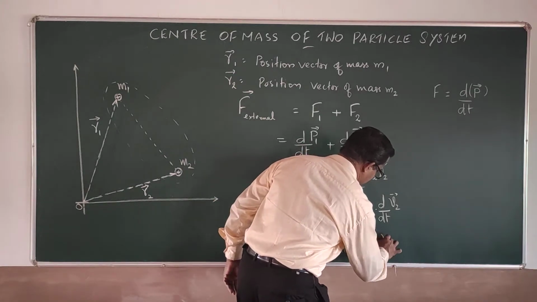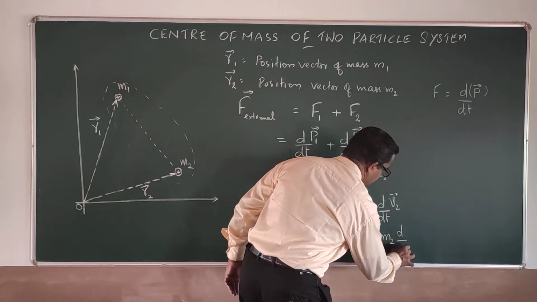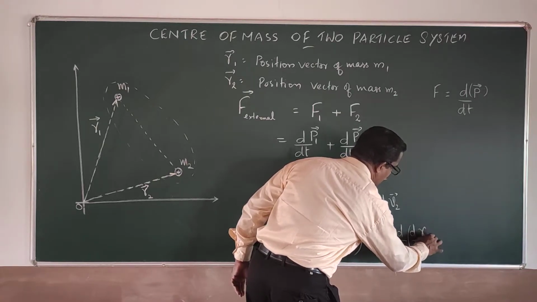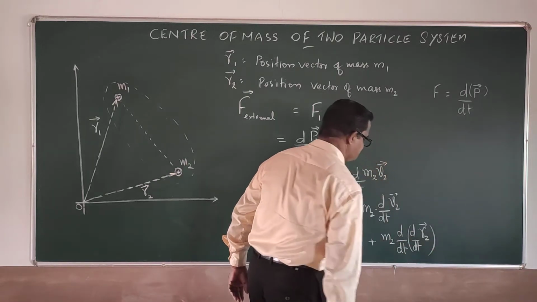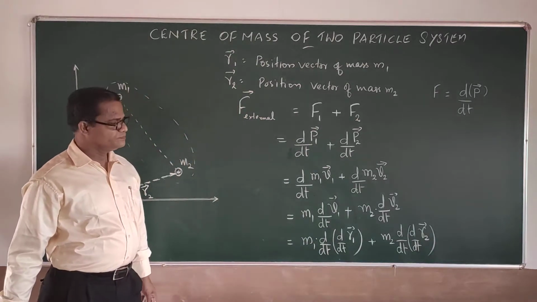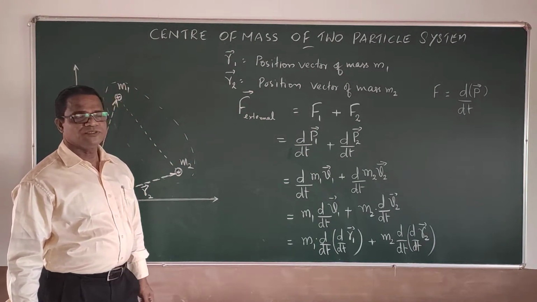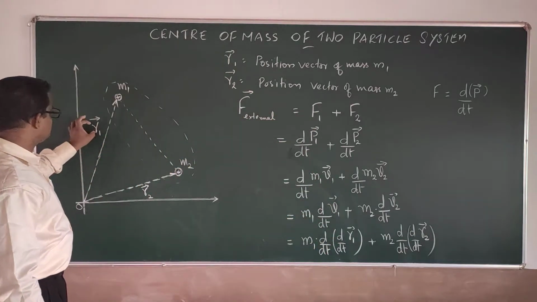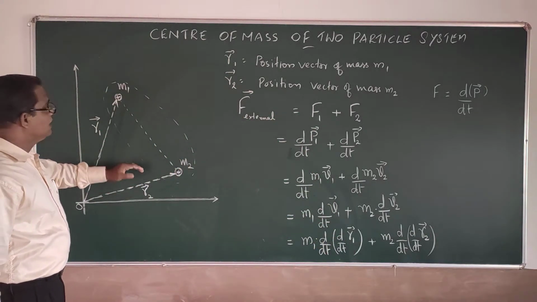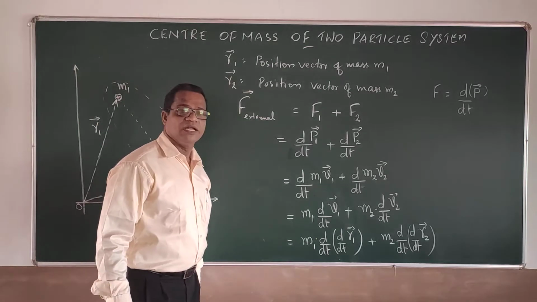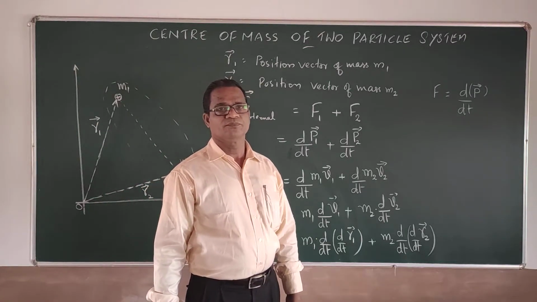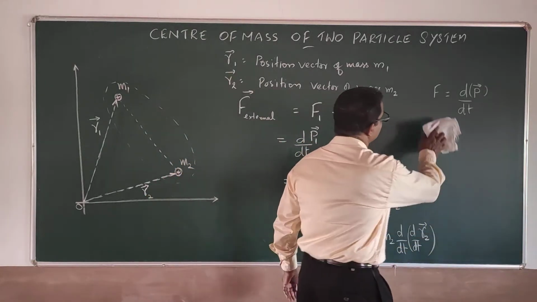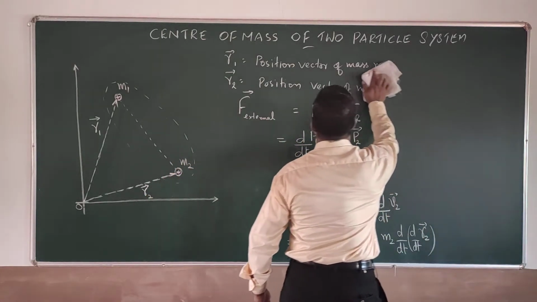And here I can take it as m2 into d by dt of position vector r2. Understood? So we have come up to where the position vectors are connected to the forces F1 and F2. Clear?